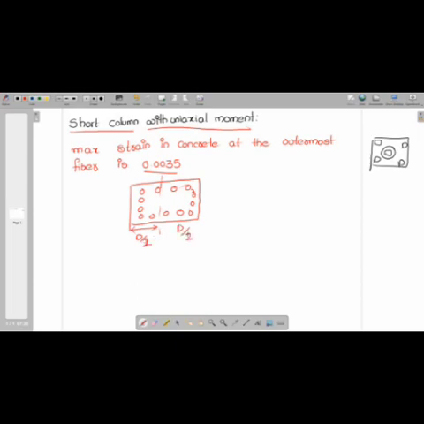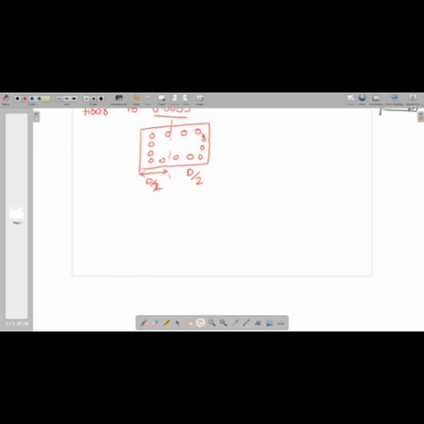Now in this case, how will the neutral axis be? See how the strain distribution will be.